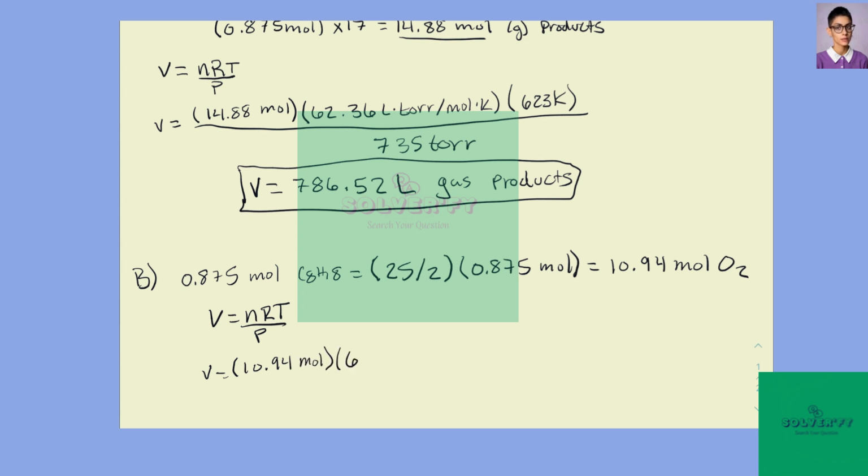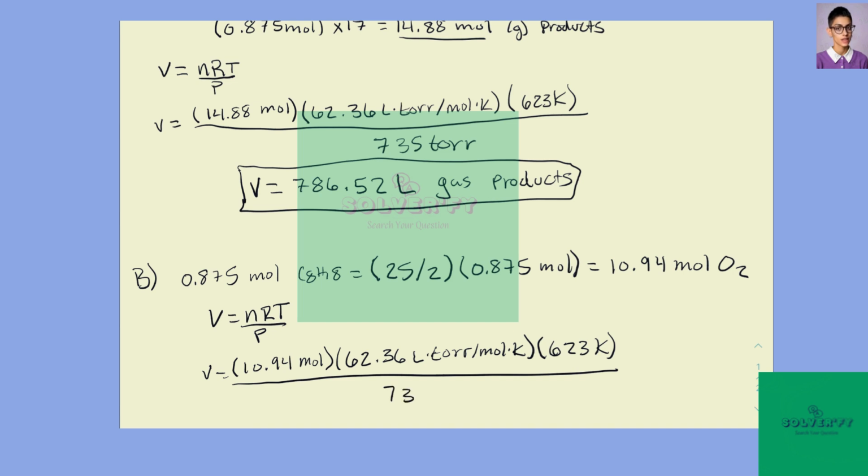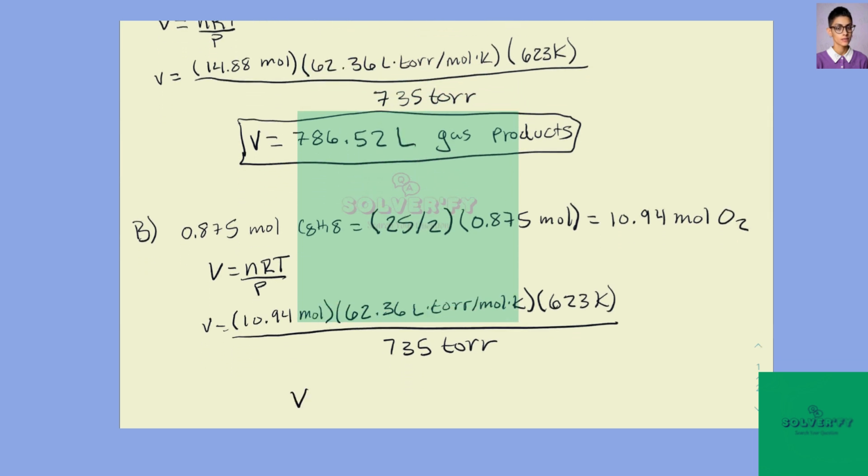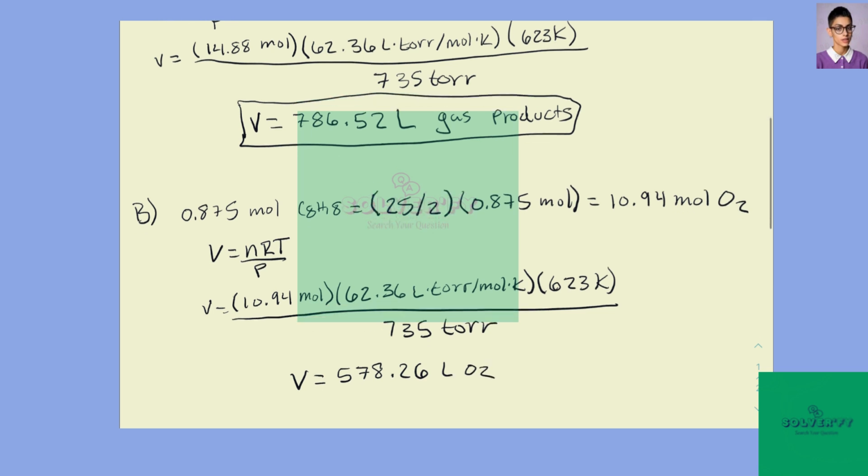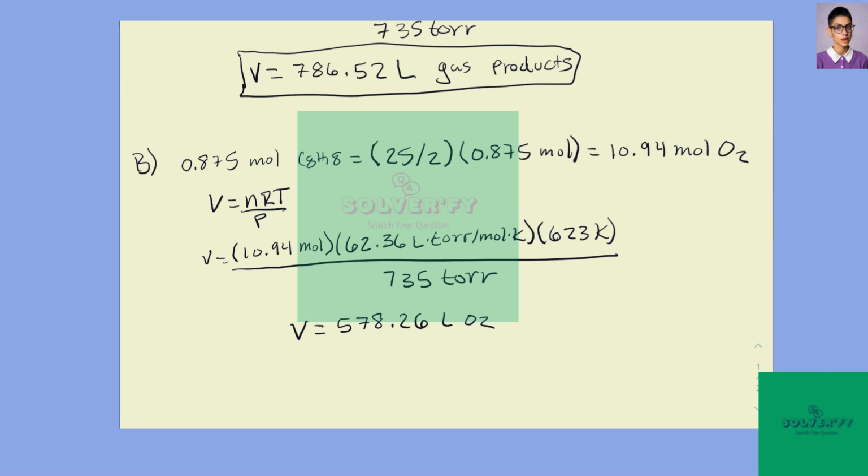We're going to times that by the same R value, 62.36 liters torr per mole Kelvin, times the same temperature, which is 623 Kelvin, and divide that by the same pressure, which is 735 torr. Alright, so when we calculate this out, our volume of O2 is going to be 578.26 liters of O2.